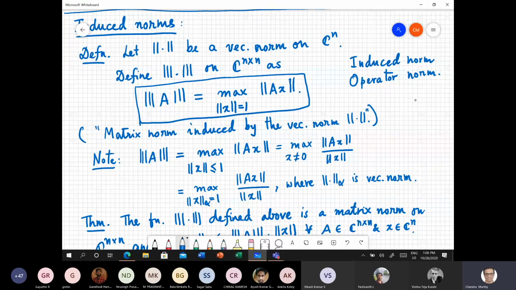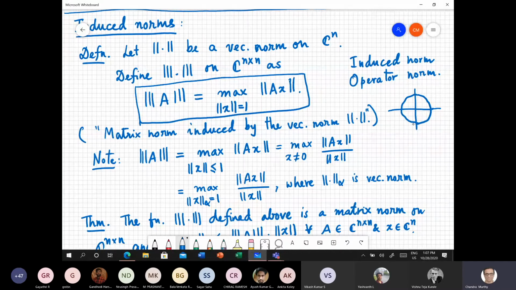A very intuitive and simple way of thinking about it: suppose I consider this norm to be the L2 norm. Then when I say norm x equals 1, I'm asking you to search over points lying on this circle, and A is some matrix.